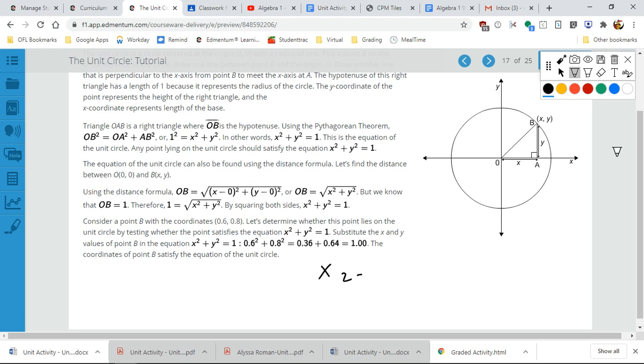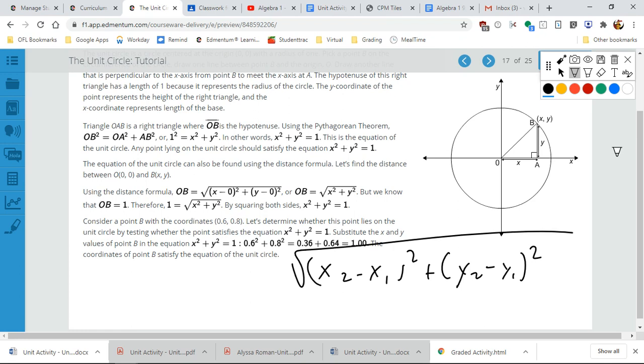So if you guys were ever worried about this formula, plus y2 minus y1, square root, d. This is literally just the Pythagorean theorem, where this is how long this is, and this is how long this is. And the reason why we're taking a square root is, according to the Pythagorean theorem, we have to square it. So that's all it's saying here.